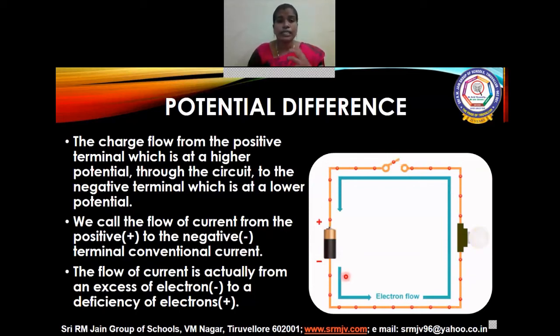When I was explaining the structure of an atom, you know that protons are there in the nucleus. They cannot move. Electrons are the only thing which are movable. So if you take an electric source, for example, a battery, the negative terminal is the higher potential in case of electrons, and the positive terminal is the lower potential.